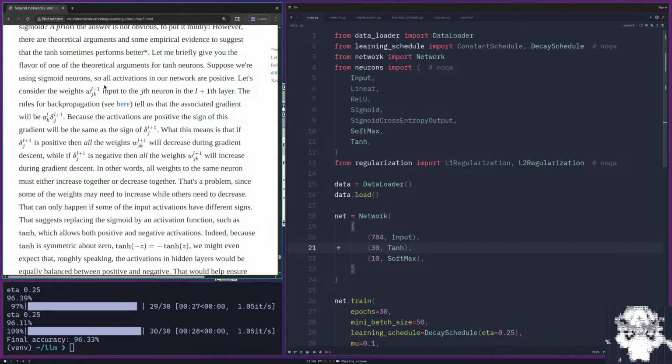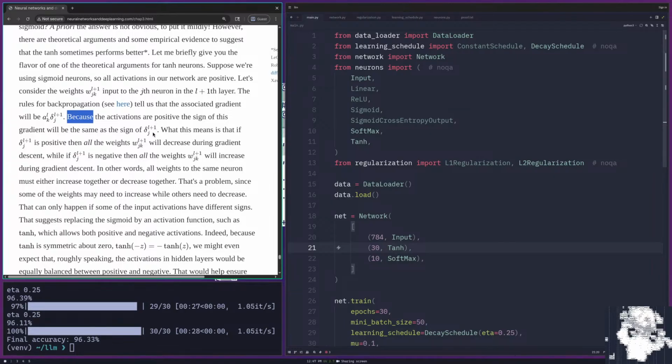Let me briefly give you the flavor of some of the theoretical arguments for tanh neurons. Suppose we're using sigmoid neurons, so all activations in our network are positive. Let's consider the weights w^{l+1}_{jk} input to the jth neuron in the (l+1)th layer. The rules for backpropagation tell us that the associated gradient will be a^l_k times delta^{l+1}_j.